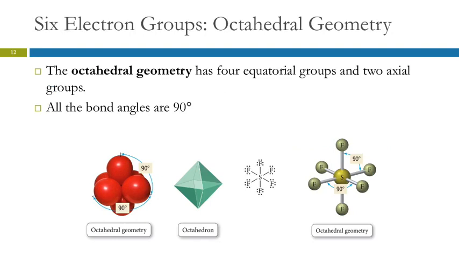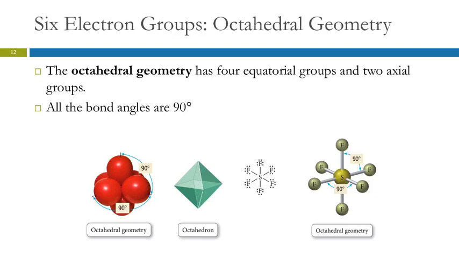Put 6 balloons together. I don't have that one made up. You put a 6th balloon in here, and they're going to squeeze together a little bit more, and you're going to end up with an octahedral geometry, an octahedron. So this has 4 equatorial groups and 2 axial groups.